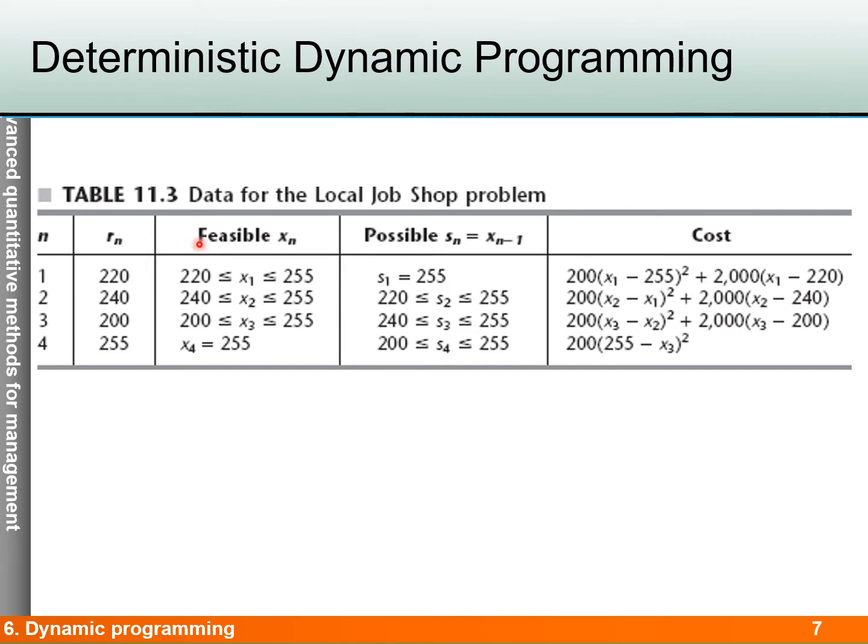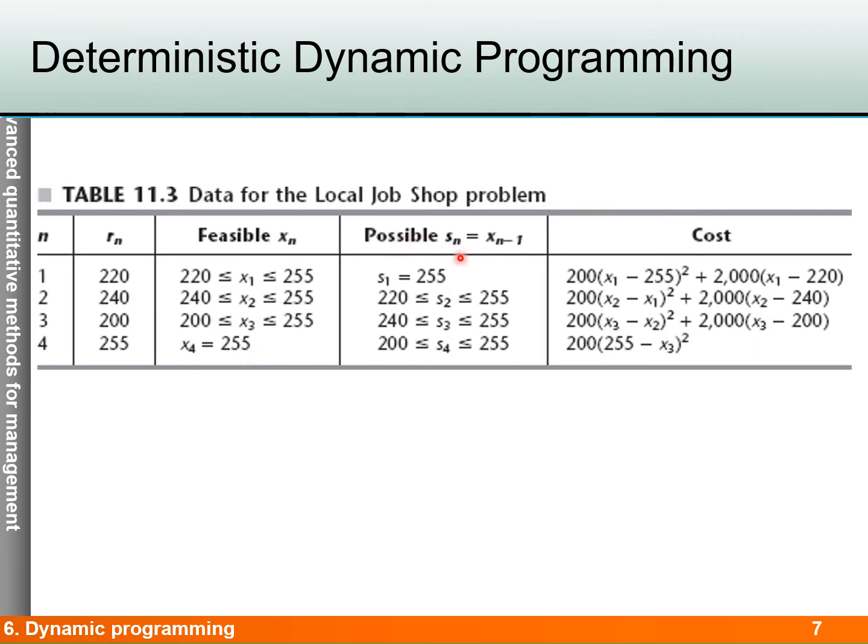And based on what we learned, the xn is a continuous variable that should be between minimum and maximum. This minimum is this one, 240, 200, and the maximum of all the periods is 255 for the spring, and x4 as well is equal to 255. Okay, because it's between 255 and 255, so for sure it's 255.